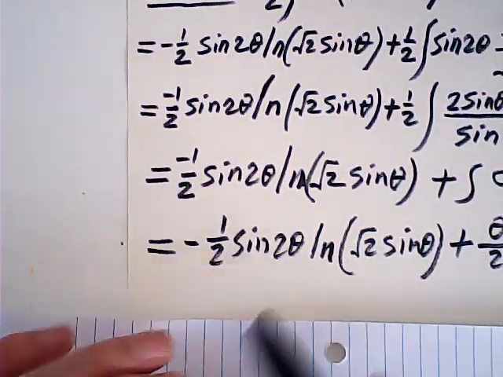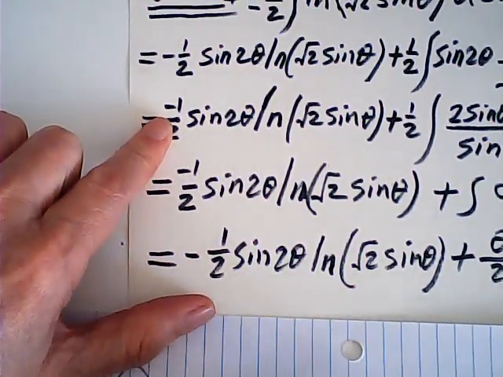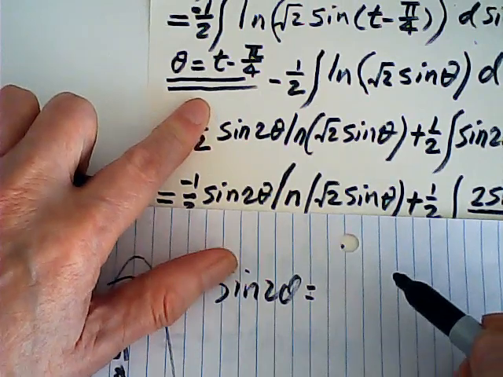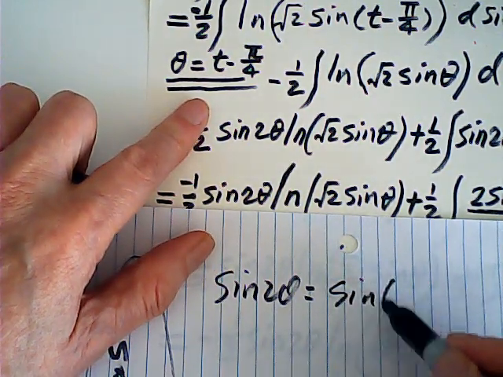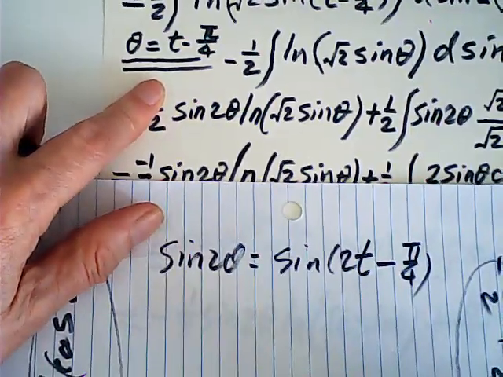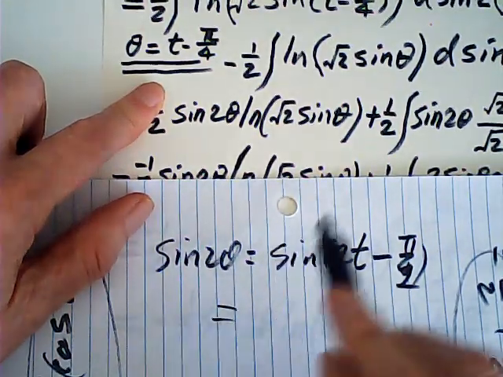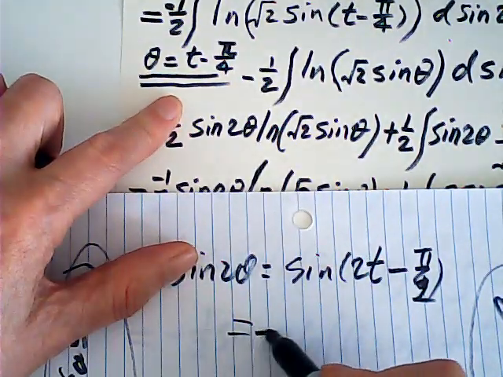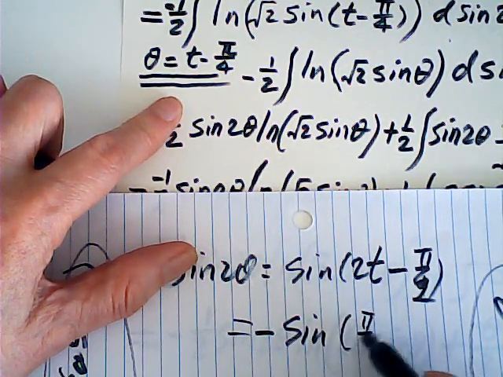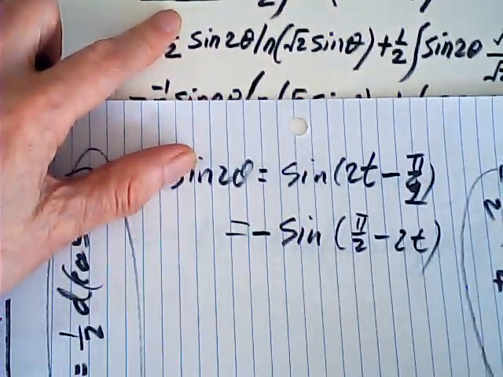Now, sine 2 theta is sine of 2t minus quarter pi, isn't it? Which is equal to, no, half pi, sorry, times 2. This is a negative sine of half pi minus 2t, yeah.